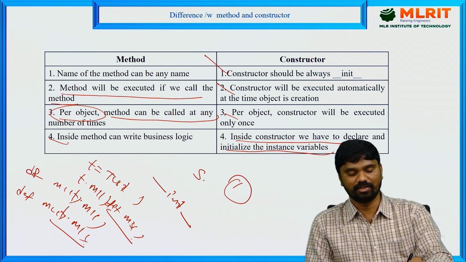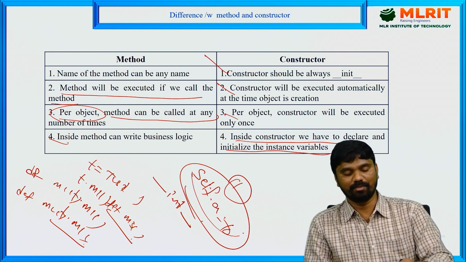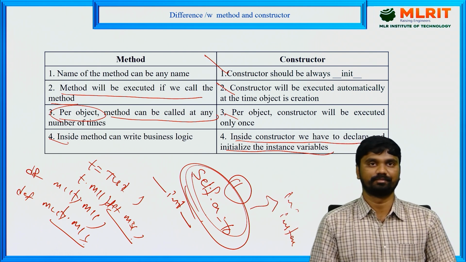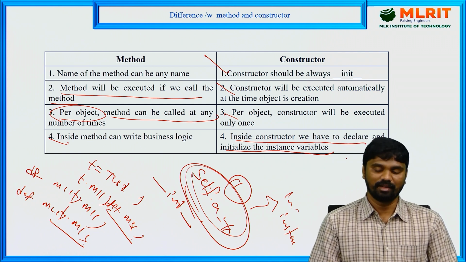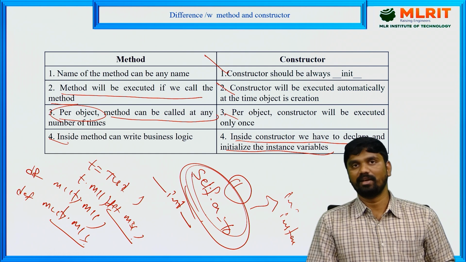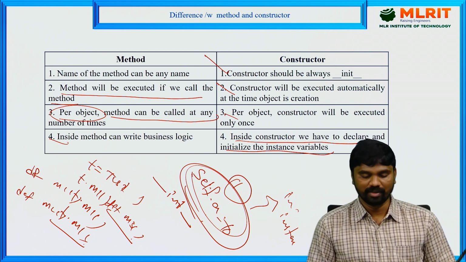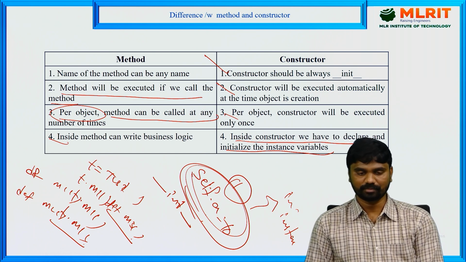For example, self.a = 10 is an instance variable, and this statement we define only within the constructor and within the instance method. So this is about the differences between method and constructor, right?